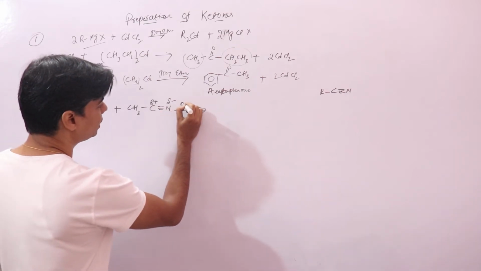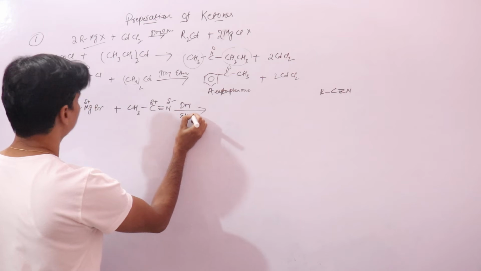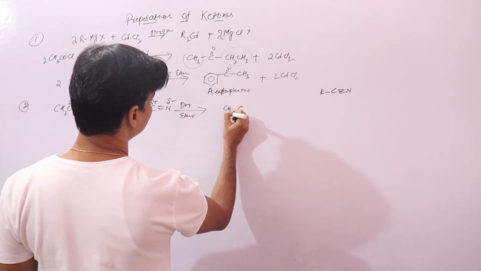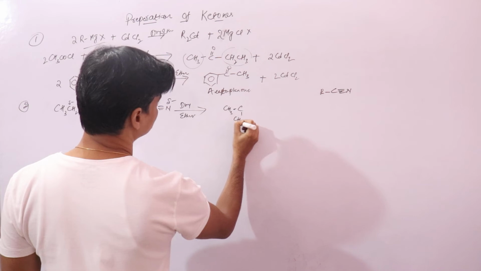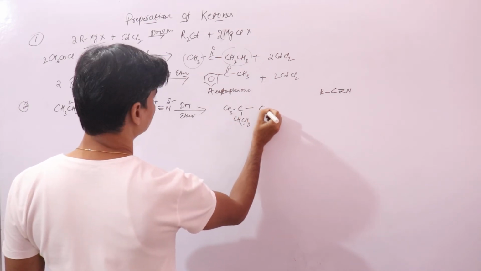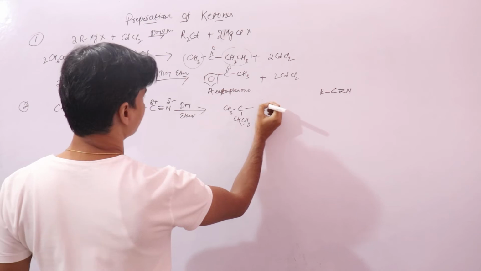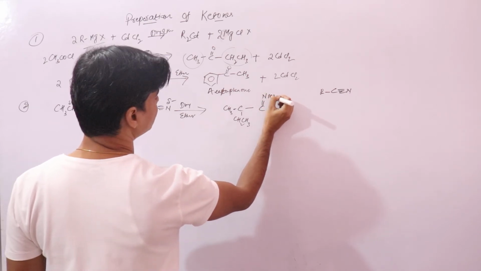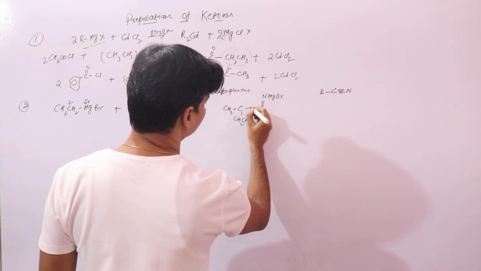This reaction also takes place in dry ether. The product you have here is CH3CH2CH3 with the carbon, nitrogen, and MgBr.